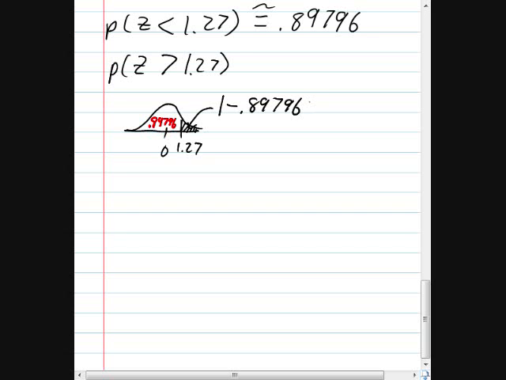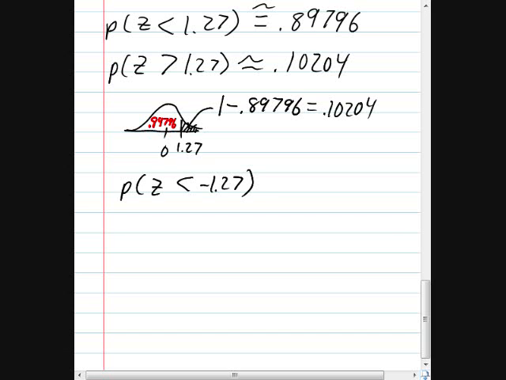This gives us an area of 0.10204. So the probability that a standard normal random variable is greater than 1.27 is approximately 0.10204.